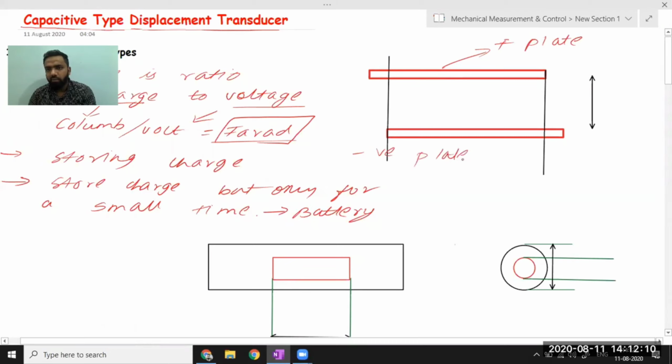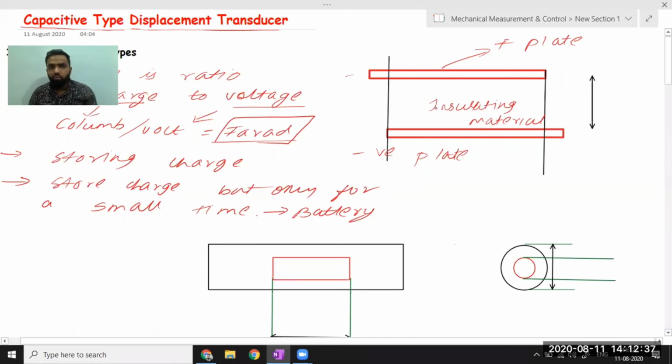What is in between the plates is nothing but an insulating material. Why do we have insulating material? We do not want the charge to flow, we do not want the electrons to flow from one plate to another. We just want the shift of electrons from one plate to another plate. That is why we keep an insulating material in between these plates.